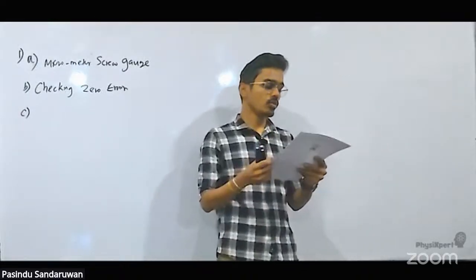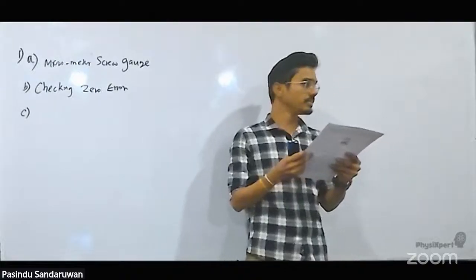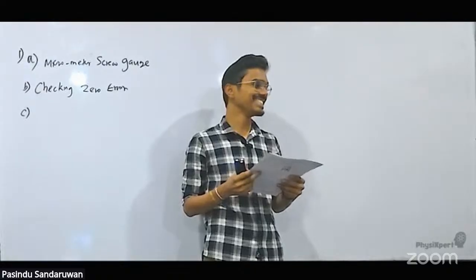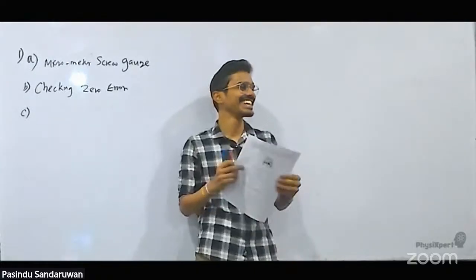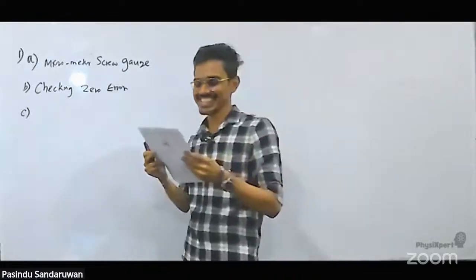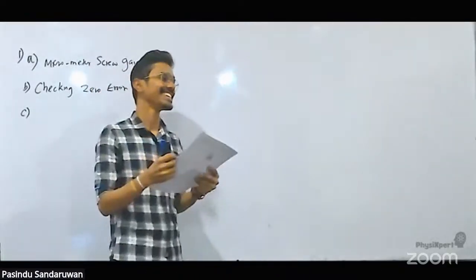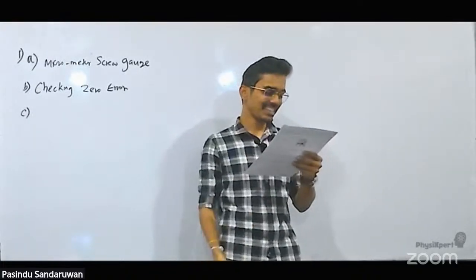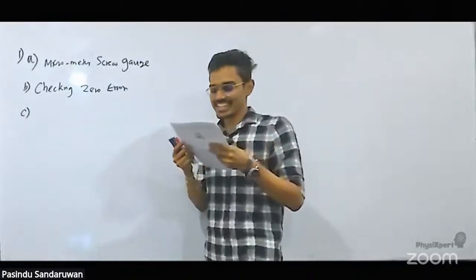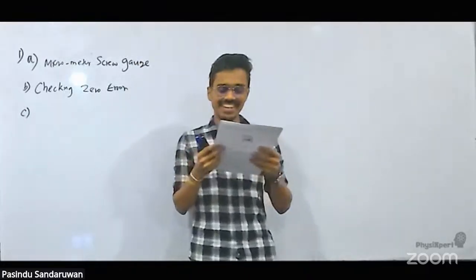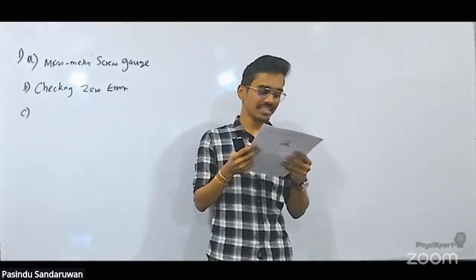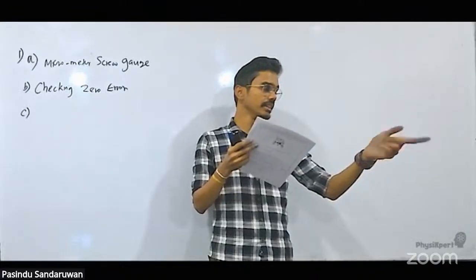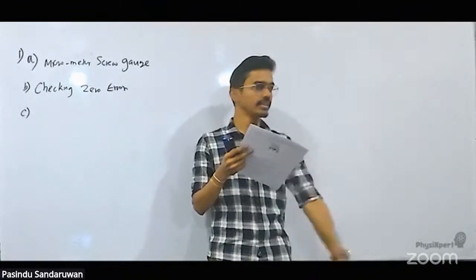The above measurements were taken using a vernier caliper. State which parts of the vernier caliper should be used to measure each of the following dimensions. For A, B, D it is the vernier caliper. The initial question, for the thickness, is the micrometer screw gauge.